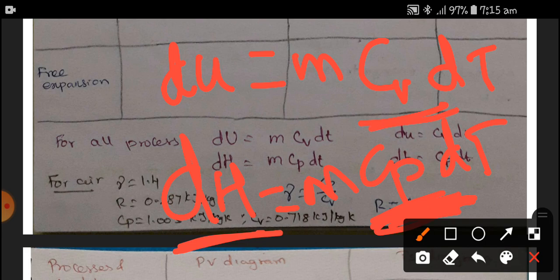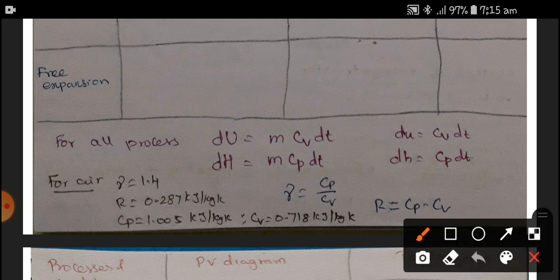If it is constant volume, it is called internal energy. If I put this capital U into small u, then it is called the specific internal energy, where mass is an inbuilt quantity. So dU is equal to Cv into dT, and specific enthalpy dH is equal to Cp into dT.